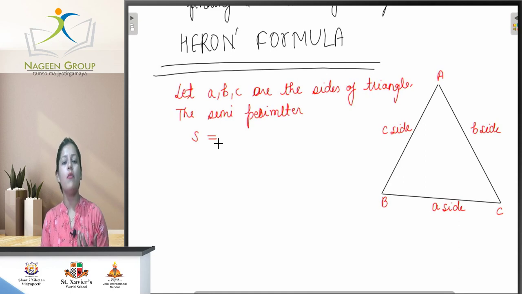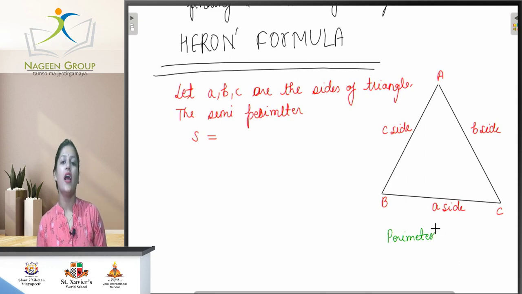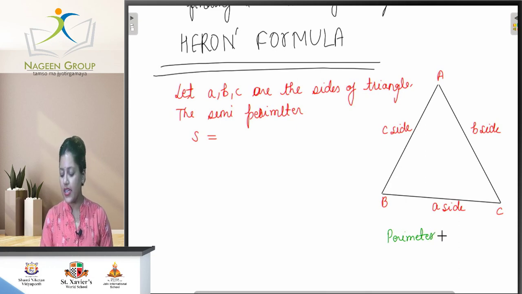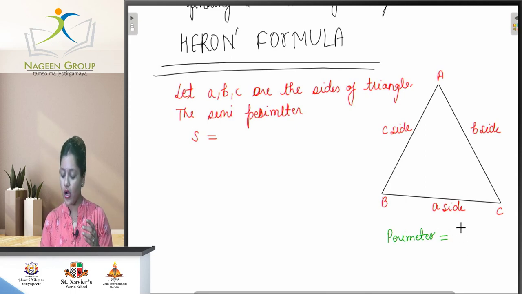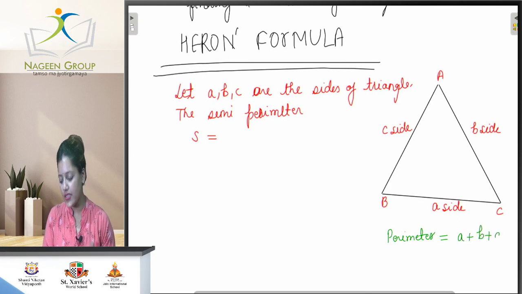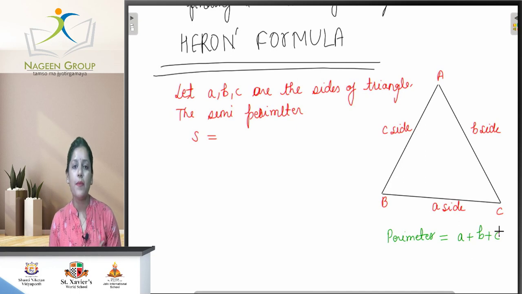Perimeter is the sum of all the sides. When I ask you the perimeter of any object, it is just the sum of all its sides. Here he is asking for the semi-perimeter.